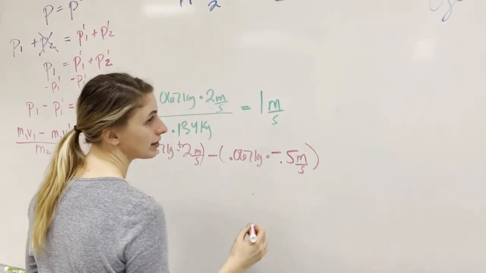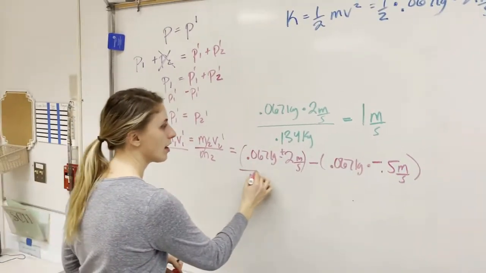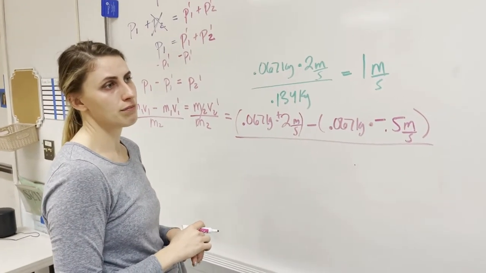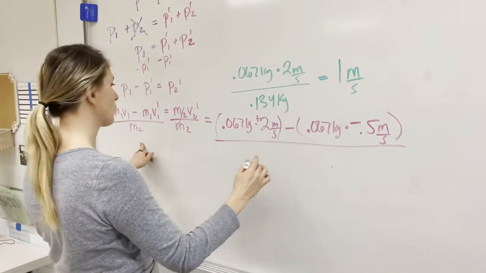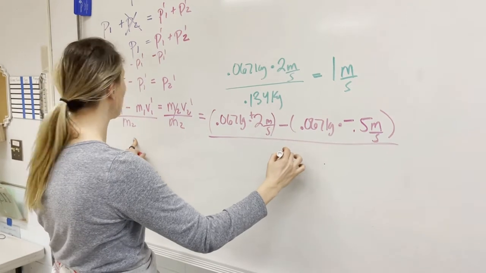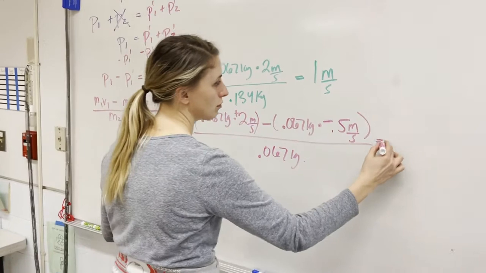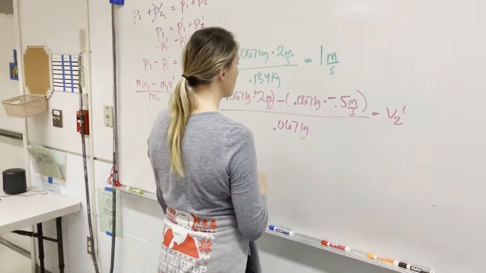That negative is super important. How fast does the second ball go? M2, 0.067 kilograms, and that's going to give us our second velocity.